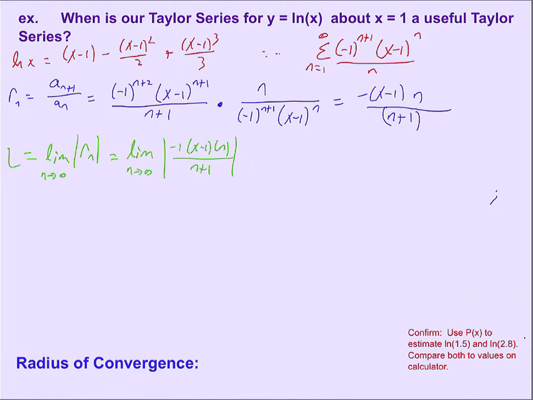And this is where I can just completely ignore that negative because it's inside an absolute value. If you want to just not write it here to begin with, that's fine. And as we learned with limits way back earlier in the year, when we've got the limit of a product, we can separate that into two different limits. So I can pull out the limit as n approaches infinity of everything with an n in it, and separate that from the other factor, the limit as n approaches infinity of everything that doesn't have an n in it, which is just x minus 1.